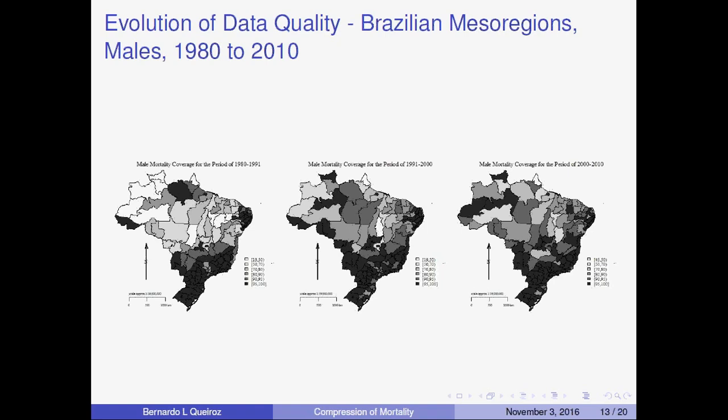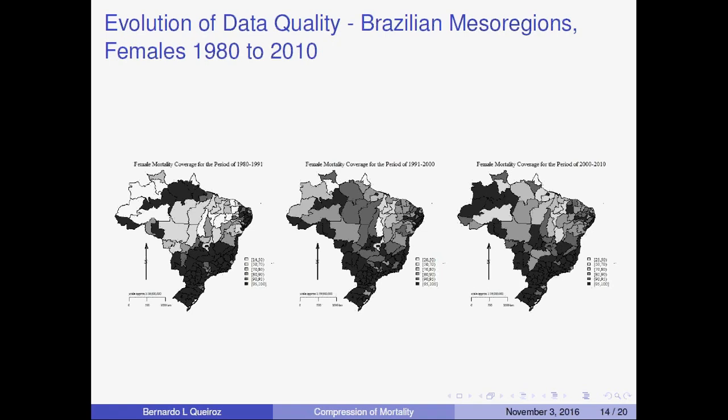Then we apply the death distribution method, and then we developed a correction factor so the level of the small area is not the same as the neighborhood area. So if it's lower, it stays lower than the neighborhood. If it's higher, it stays higher. If it's the same, it stays the same. So this is an area that needs more research. But then I'll show some results that are quite interesting.